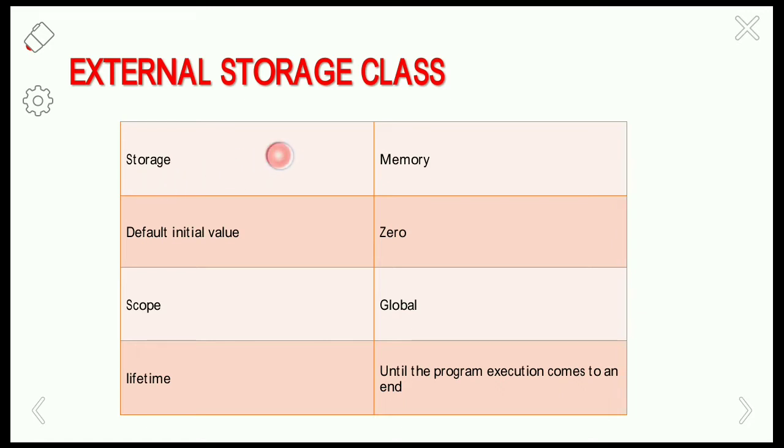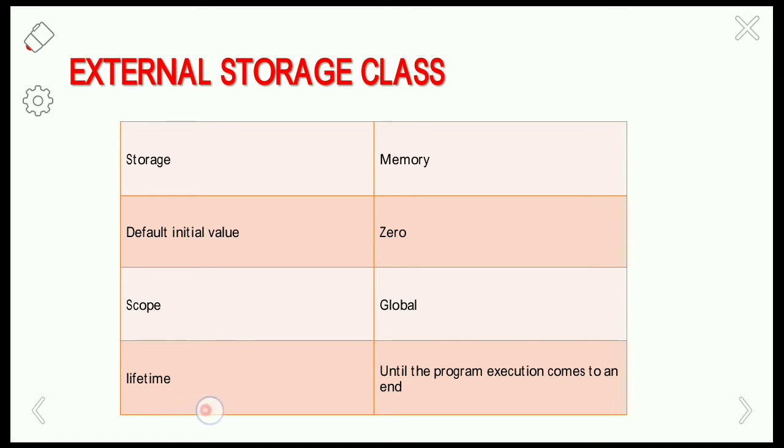Here the storage is in memory. Normally a variable will be stored either in memory or in registers, but for the external storage class, the variables will be stored in memory and the default initial value is 0. The scope is global to the program, and you can even access a variable residing in another program by using the storage class extern.